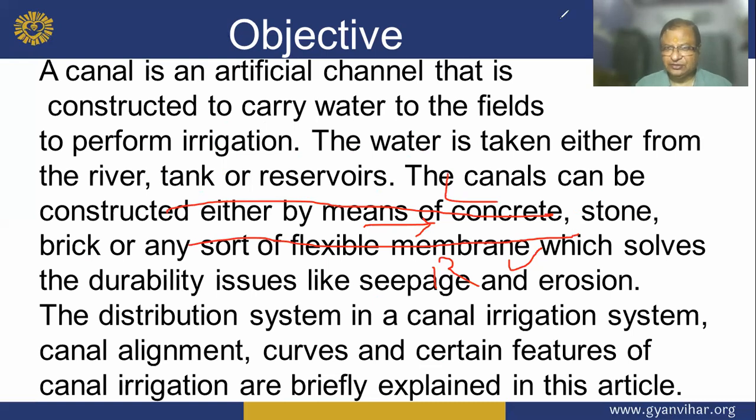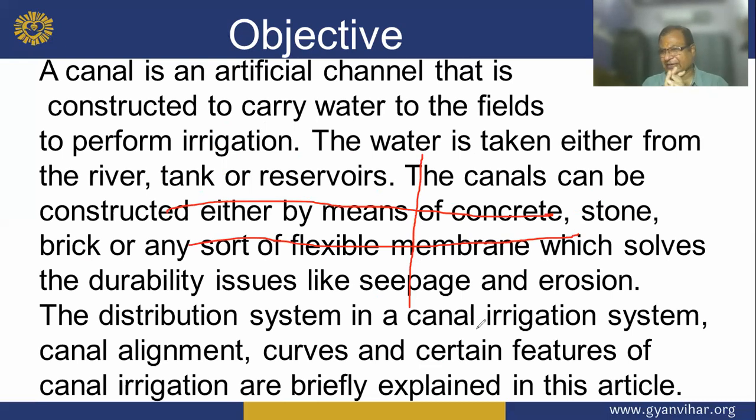Now, dear boy, if a river is flowing and there is no construction, you make a barrier. Barrier means a dam, a wall, a barrage, a weir, any structure as per your requirement.